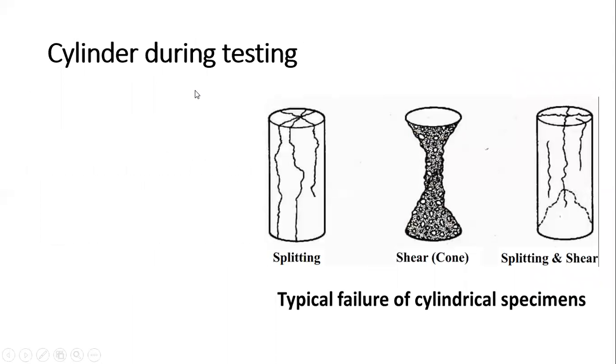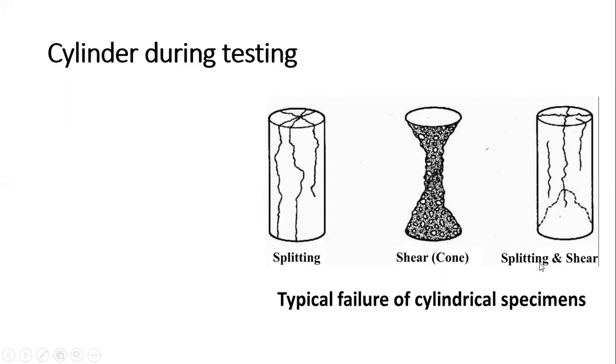Now if you test the cylinder, what are the different types of cracks which you obtain? If you are getting vertical cracks like this, that is called splitting. If in the central portion we have this vertical shape, and here it is conical from the top and bottom, then it is called shear failure, or cone failure.